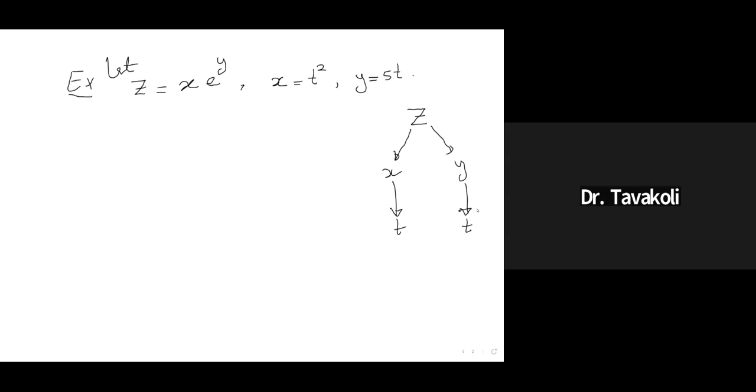So at one level, z is a function of x and y. But since x and y themselves are functions of a single variable t, I can imagine that z at the same time is a function of t.